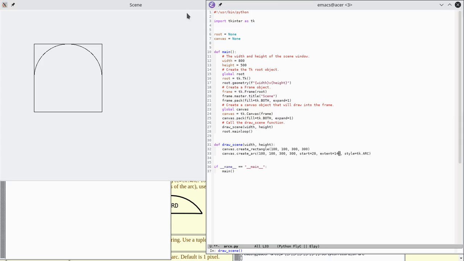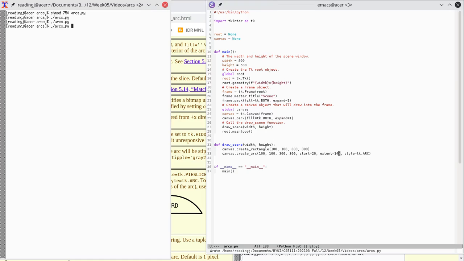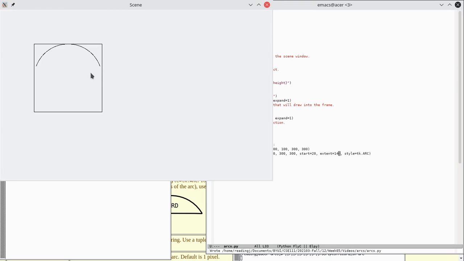That way we don't run into the box. Okay, so now you can see, if you could measure this angle here, you'd find that's 20 degrees, and it goes for 140 degrees, so if you measure this angle, you'd find that's also 20 degrees, okay?